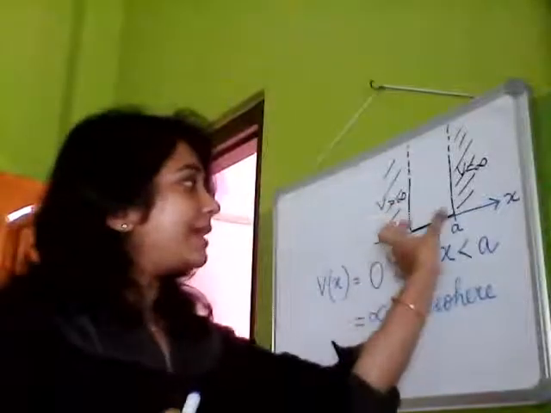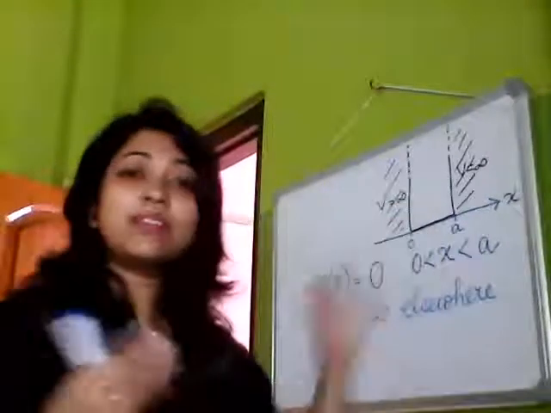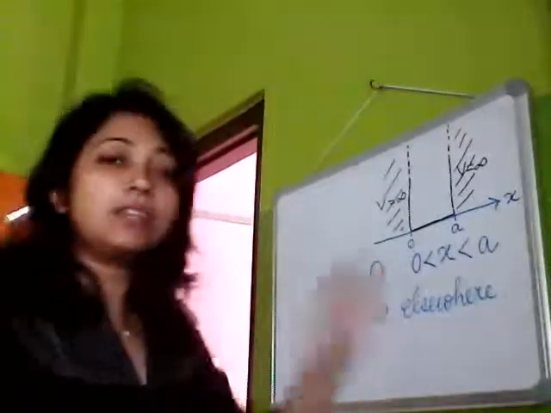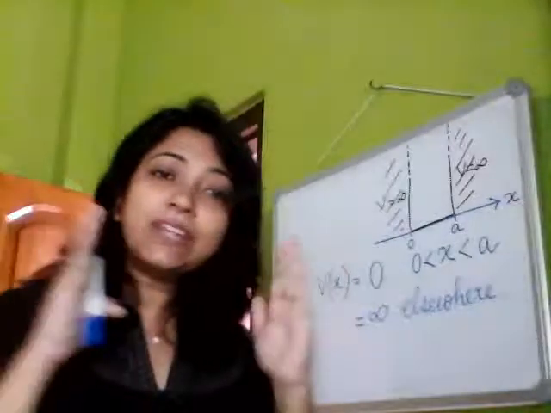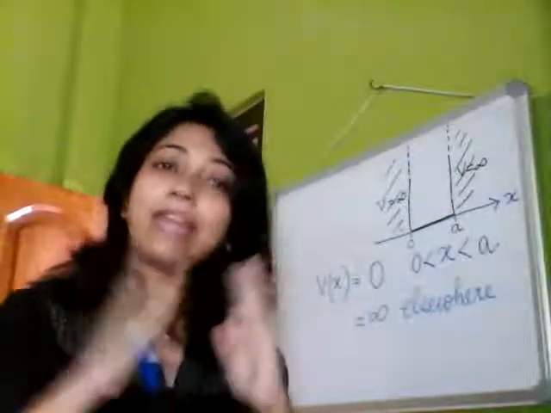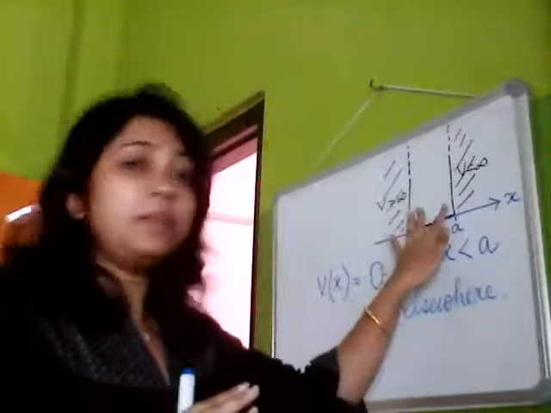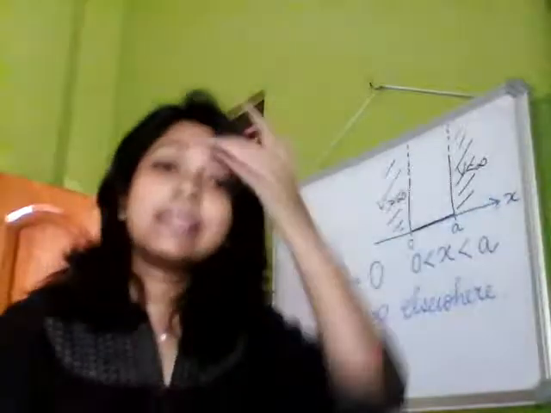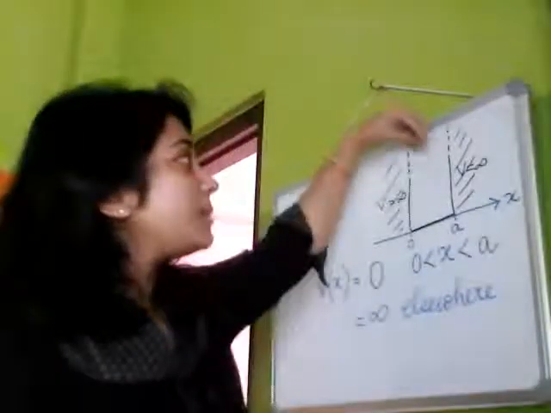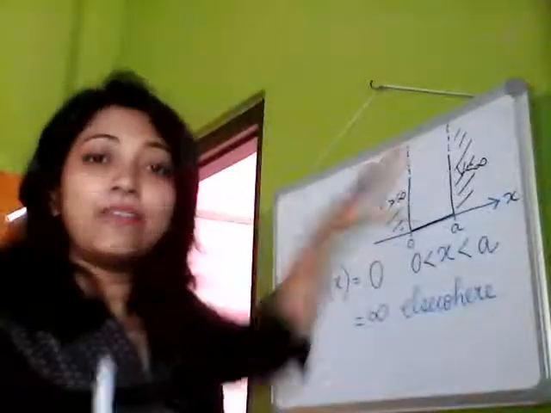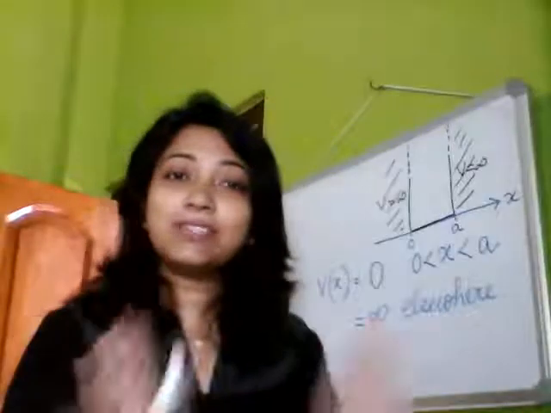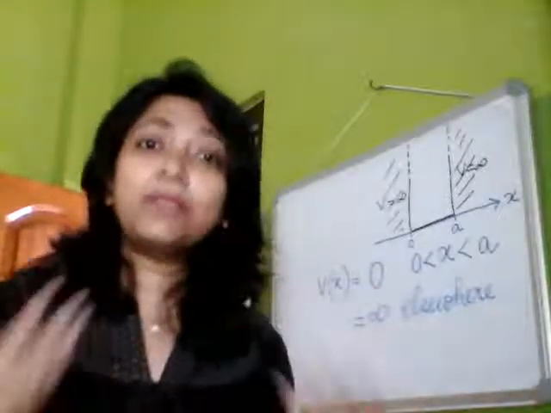When it is in the region within 0 to a, where there is no potential, where the potential value is 0, obviously it is confined within that 0 to a. It cannot go beyond this particular limit, because beyond this boundary the potential is infinite. So as if it has been trapped within a well, the same water well that we can think of.